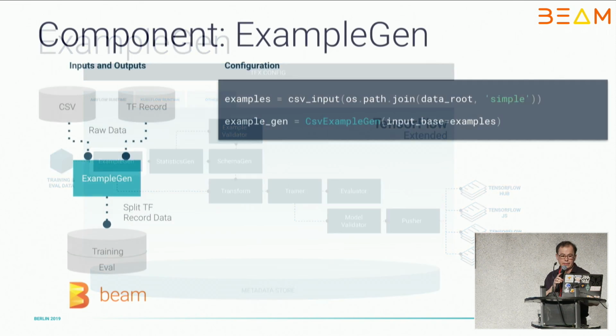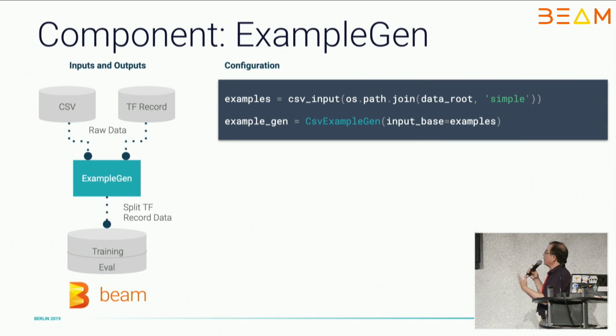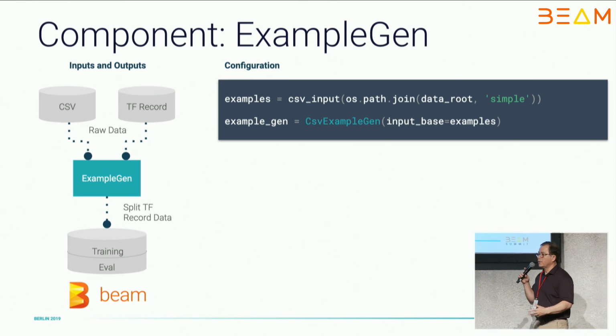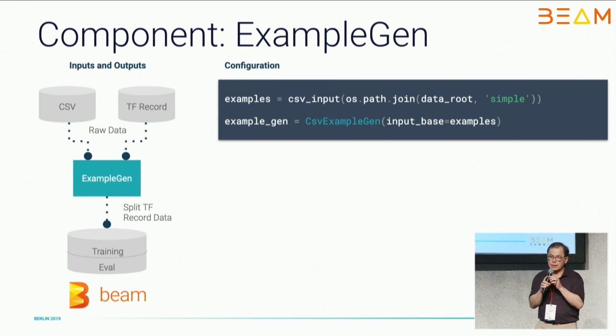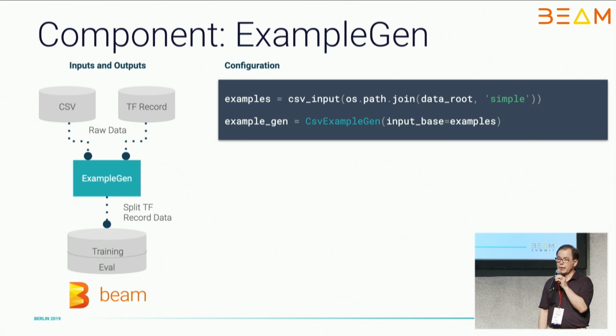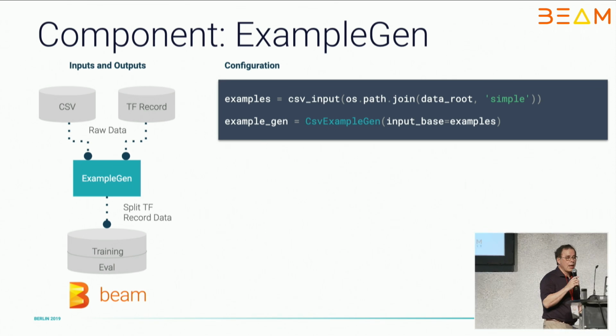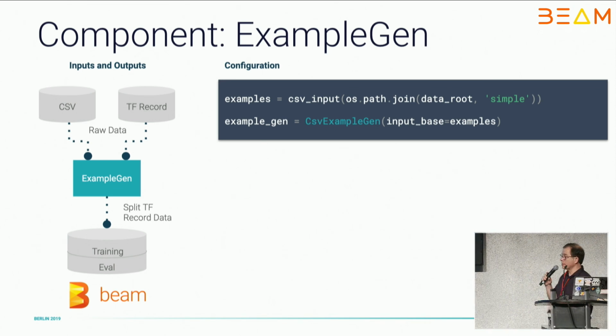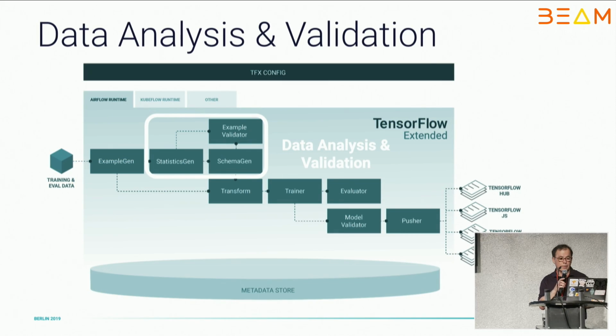ExampleGen is taking in raw data in a number of forms, and you can also create your own custom ExampleGen in this case, and then it's doing a split and creating TF examples. It uses Beam to do that, and those two lines are the whole configuration. Then we move into data validation and analysis.